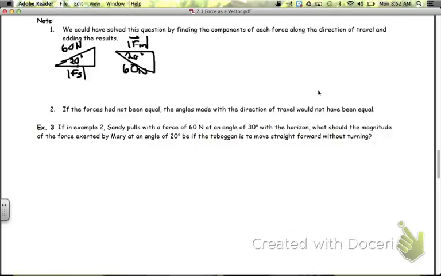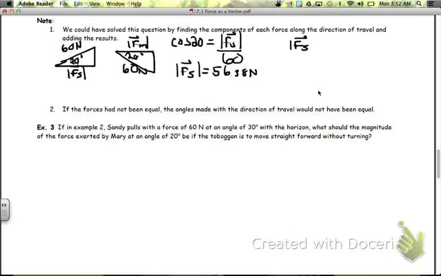So what I could do here is I have cos 20 is equal to the force of Sandy over 60, which when I calculate, I get 56.38 newtons. And therefore we know that they're going to be the same.